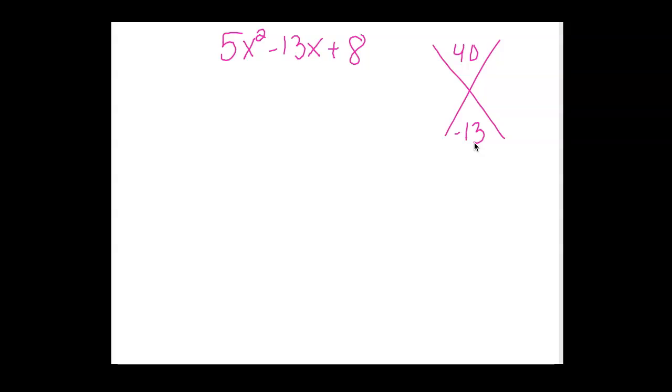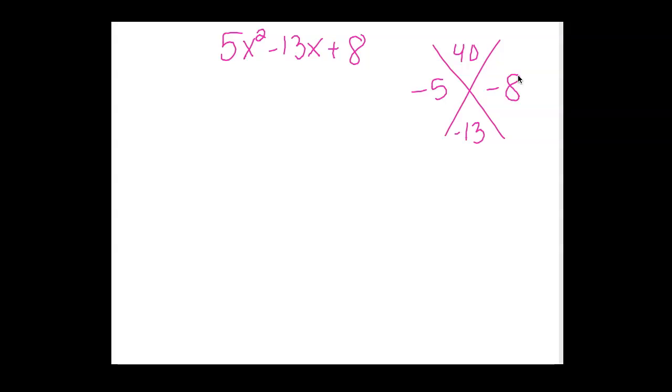So I need 2 numbers that multiply to 40 and add to negative 13. And yes, the 2 numbers that replace it can be the same 2 numbers that we multiplied, like they can be A and C. So in this case, it's negative 5 and negative 8.